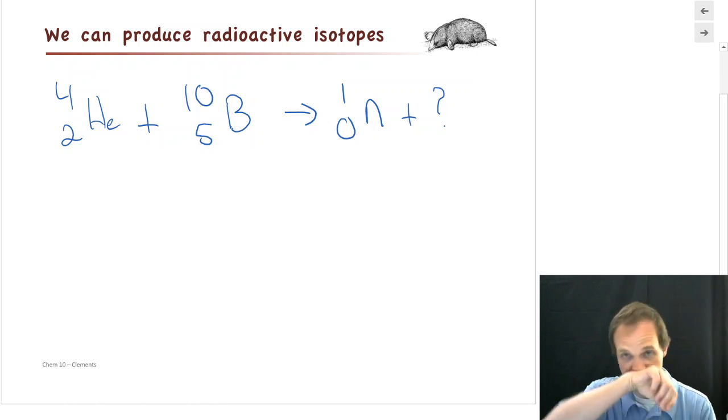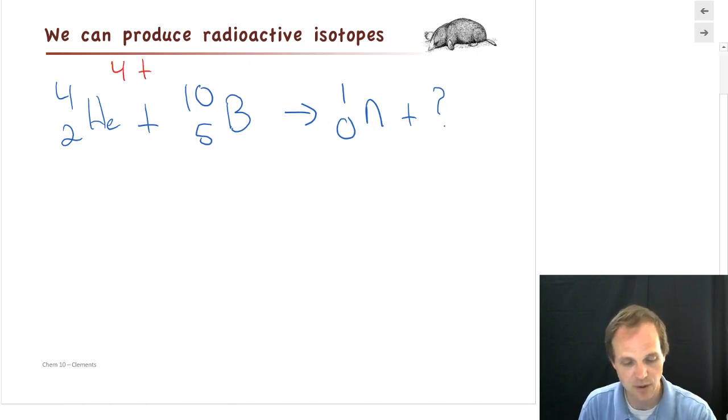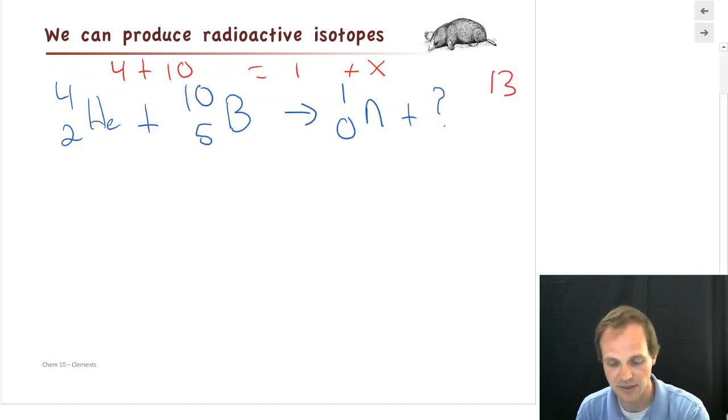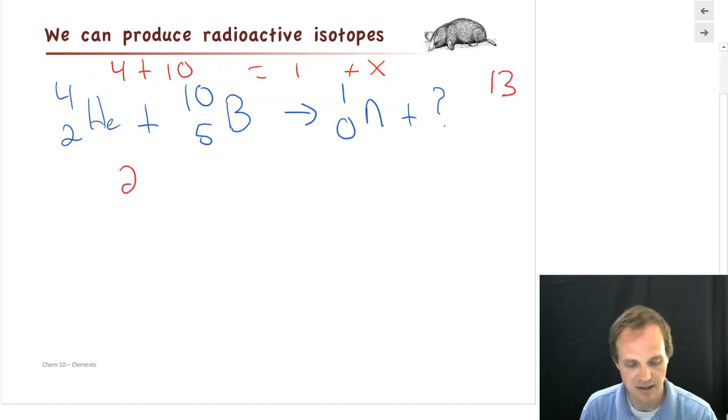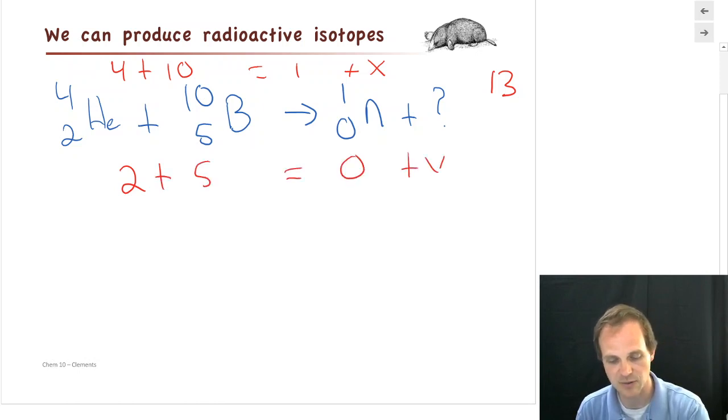We're going to balance mass number and atomic number just like we've been doing the whole time, but now we have two things on the left-hand side, but that's okay. It's the same as what we've been doing. We get 4 plus 10 is equal to 1 plus x. Right, so we've got 14 is equal to 1 plus x. X has got to be equal to 13. On the bottom, atomic number 2 plus 5 equals 0 plus y.